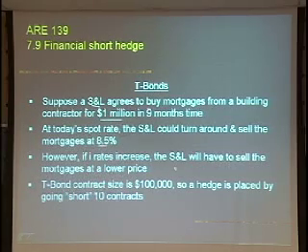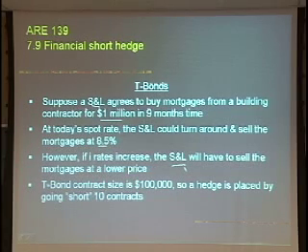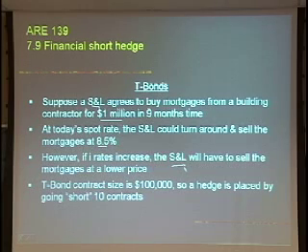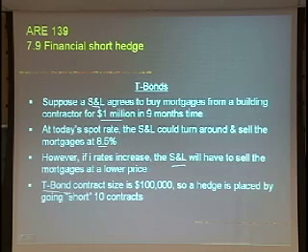So the bank is exposed to the interest rate risk in this example, because if the rates do rise above 8.5%, then it's the S&L that takes a loss, because, as you know, when rates go up, the value of an instrument like this goes down because there's a fixed interest payment. So it's a long-term interest rate. Therefore, we look at the T-bond contract, because T-bonds price long-term rates.